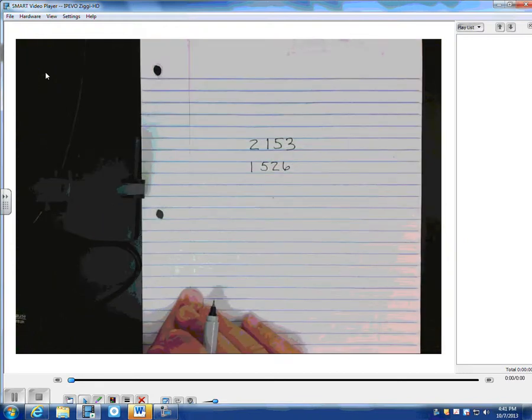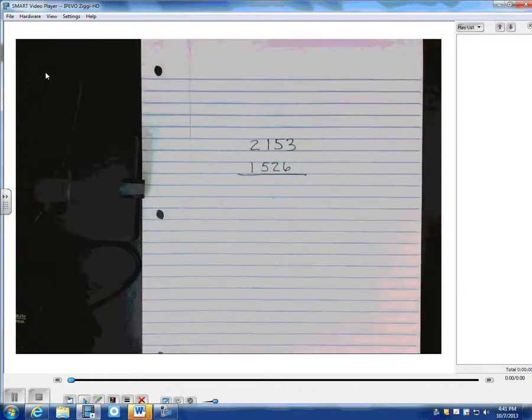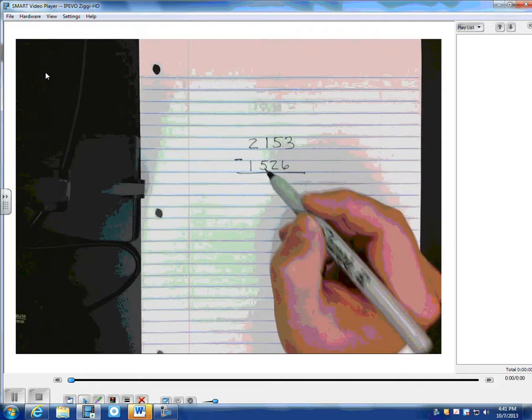Okay? So you have to determine what operation I would use here. She scored 2,153 points, and that was 1,526 points more than Grace. So this is going to be a subtraction problem.